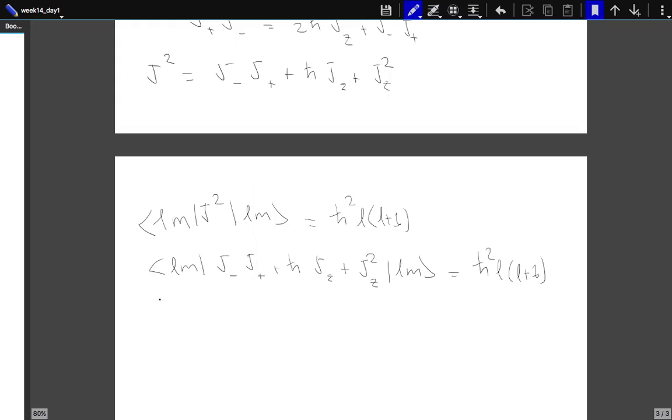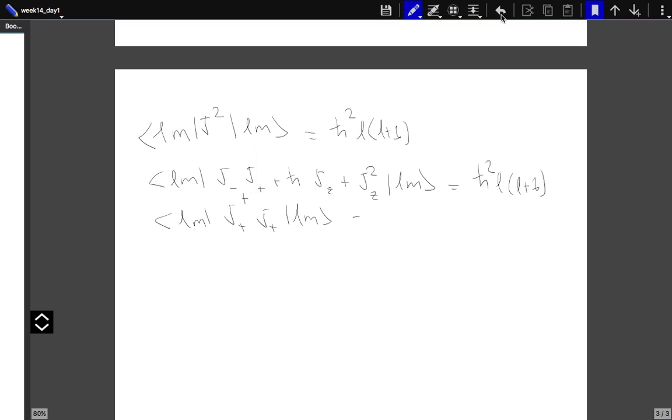Well, we know how jz acts on these states, and keep in mind that j minus is nothing but j plus dagger. So this is equal to the norm of j plus Lm squared, plus h bar squared m plus h bar squared m squared, which should be equal to h bar squared L(L plus 1).